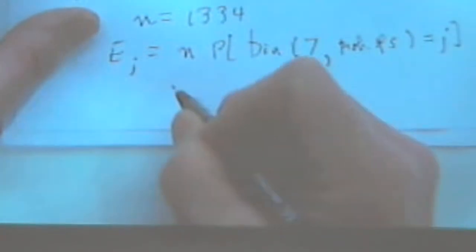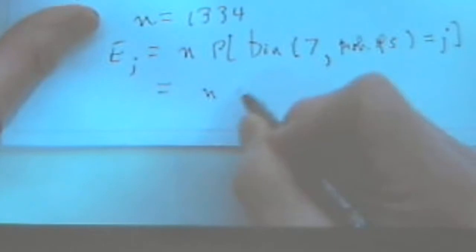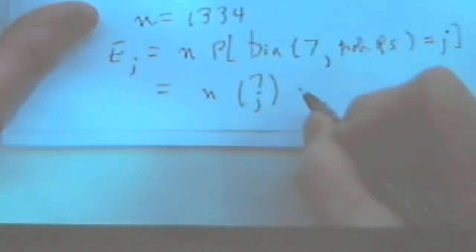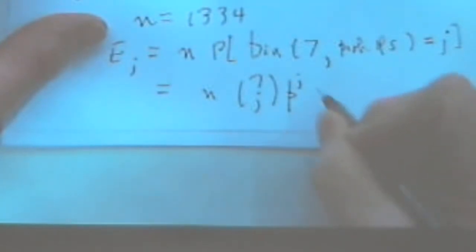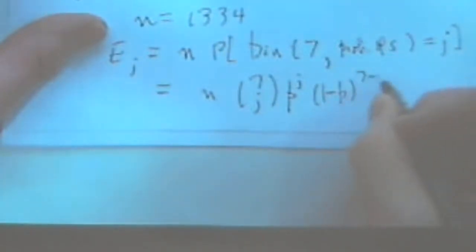And then what's the probability of success, equal to j? And I can even write down the formula if I want to. So I'm all set, but p is not specified, right?